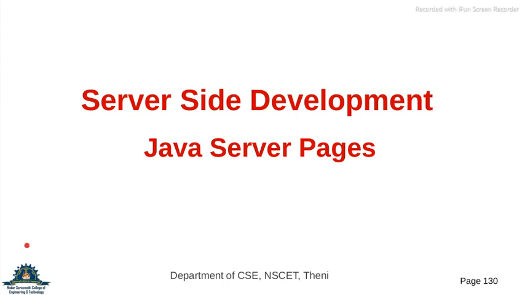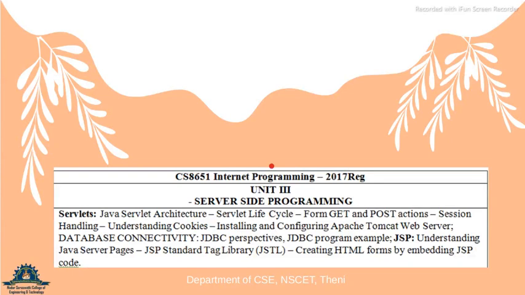Okay. This is going to be the last topic of your third unit, that is JSP, but it is much bigger. It will take around 2 to 3 classes to complete it. Once again, let me show you the syllabus. Okay, here you can look.